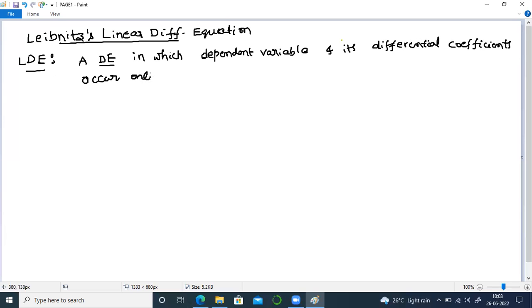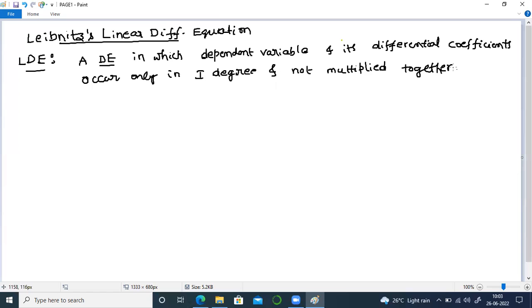Occur only in first degree means the degree should be 1, and they are not multiplied together. So let us see how the form looks.